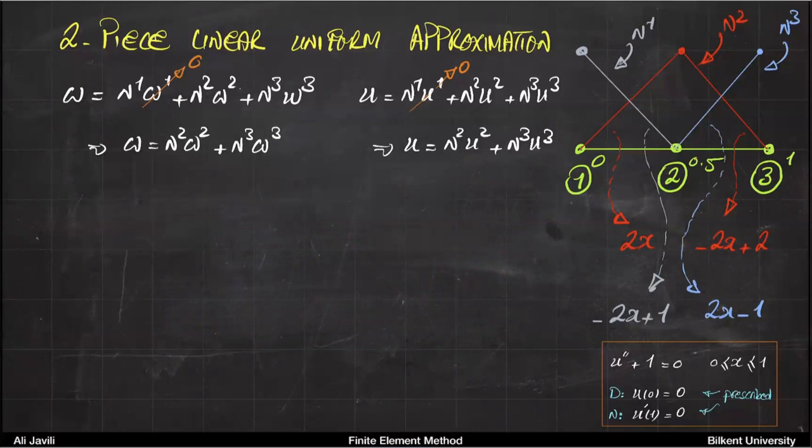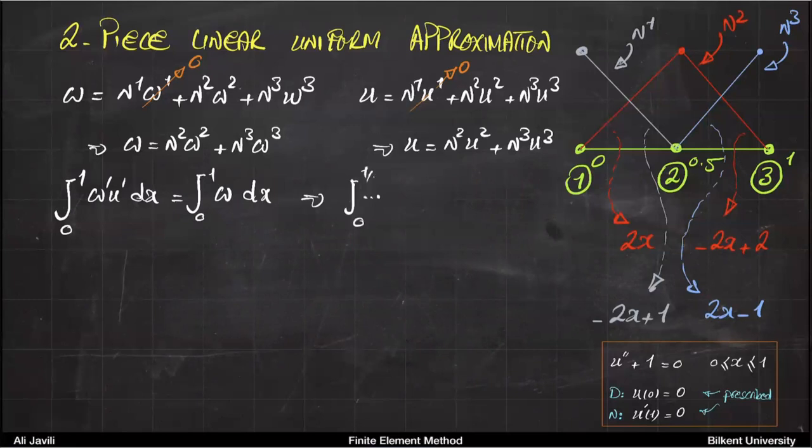Okay, so you want to write this integral or the weak form. Remember, the weak form is integral from 0 to 1 w prime u prime dx equals integral of 0 to 1 of w dx. But for us, we have to split it into two domains. So you would go from, let's say, 0 to 1/2 on the left-hand side and on the right-hand side. Because it's a two-piece linear approximation. And then if you do that, okay, you get something like this.